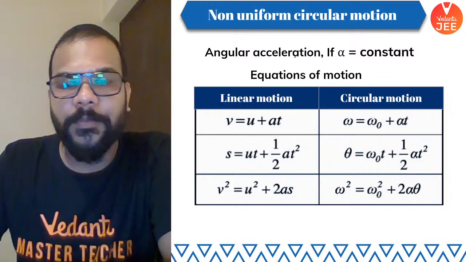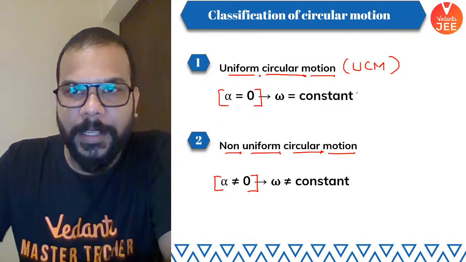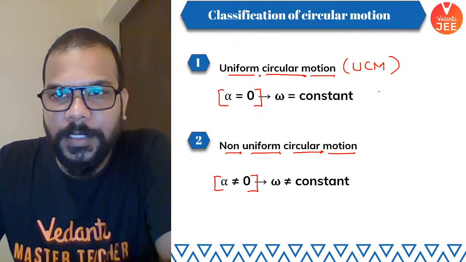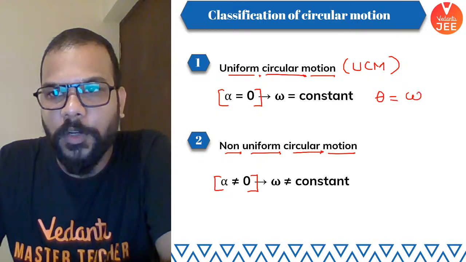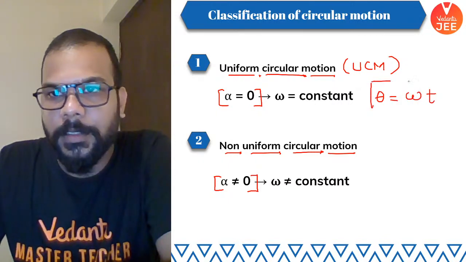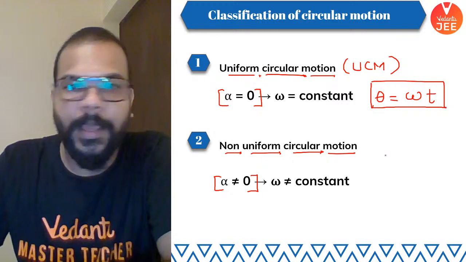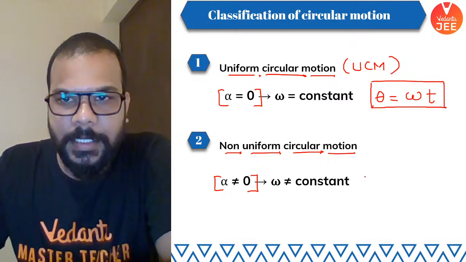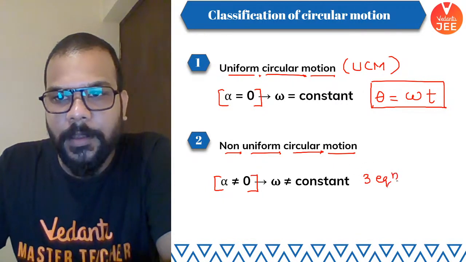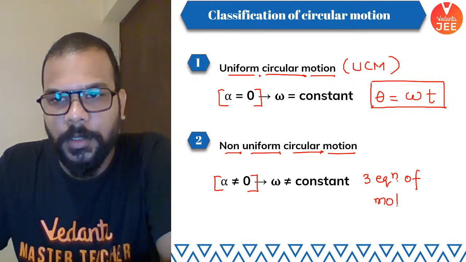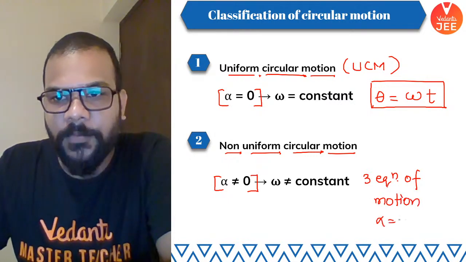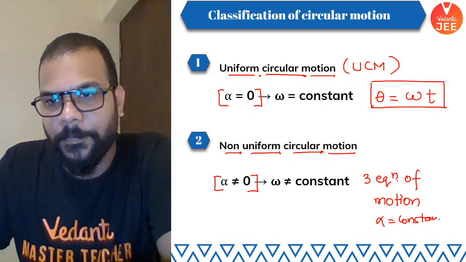If I speak about this part, if omega is constant, then displacement will be equal to velocity into time. This equation will be valid. And if we speak about the other case, then you will have three equations of motion if your alpha is constant.